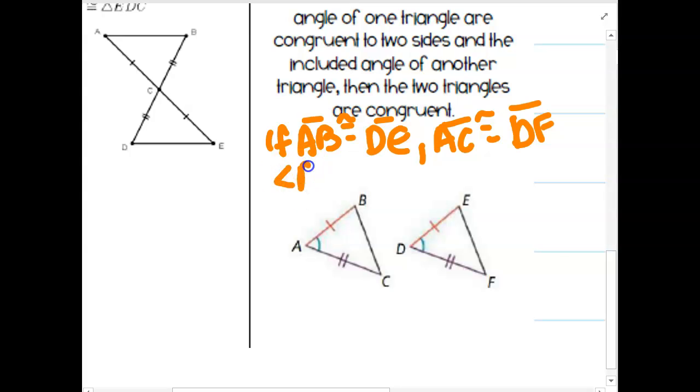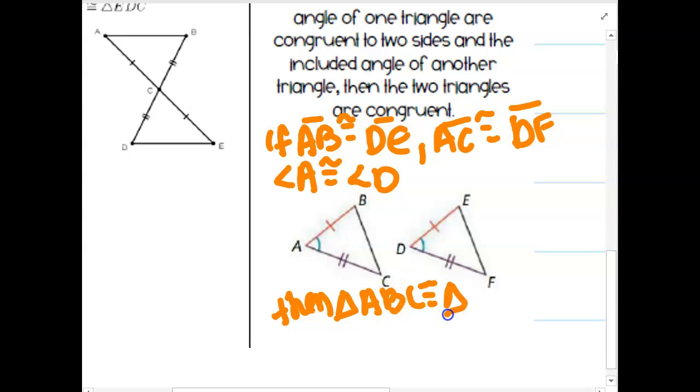So it has to be angle A congruent to angle D. If you have two sides that are congruent and the included angle is congruent, then we can say triangle ABC is congruent to triangle DEF. That's all you need: two sides and the included angle.